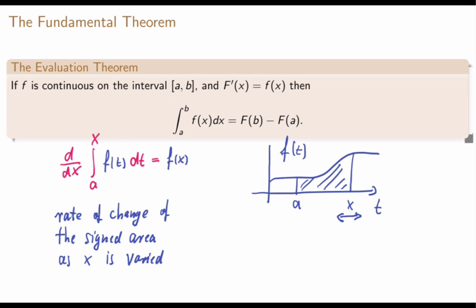But this is nothing else than saying d by dx. The rate of change is the derivative, as we learned earlier. This is actually this here. The rate of change of the integration as x is varied. But now this rate of change actually is equal to f itself. So here this point is f of x. So then this equals f of x.